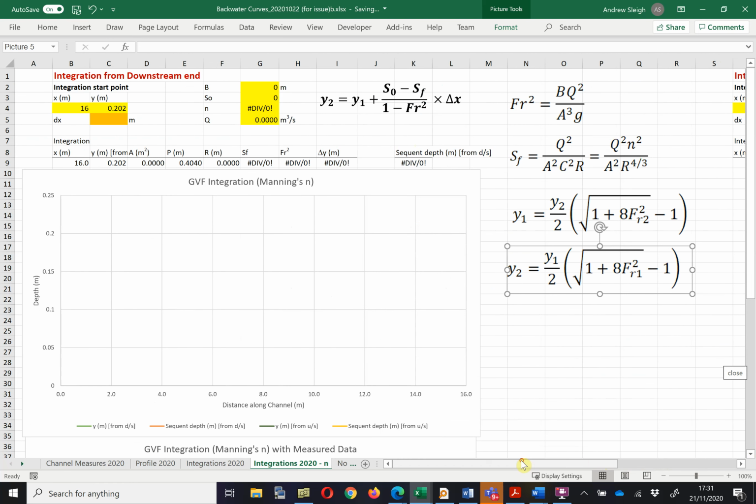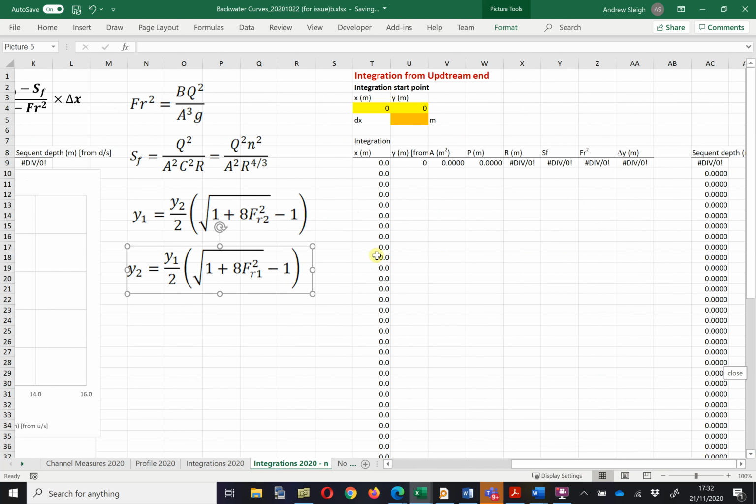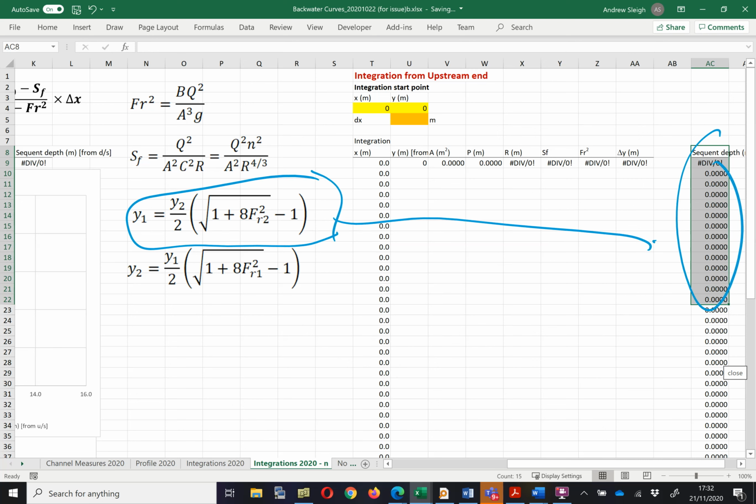So actually, to get all of the plots you need to have on this diagram, you need to complete this table for the integration from the upstream end. And you need to calculate the sequent depth, which comes from one of these.